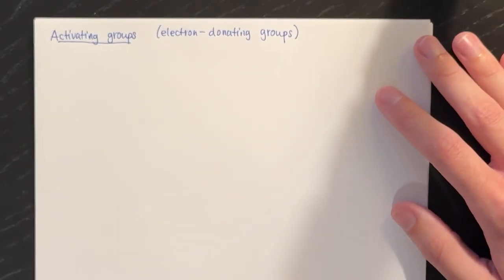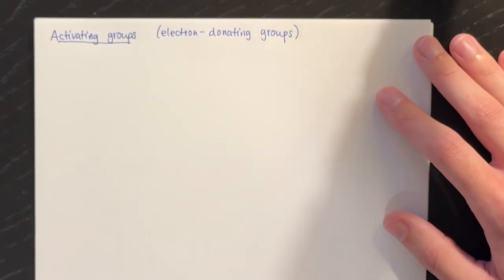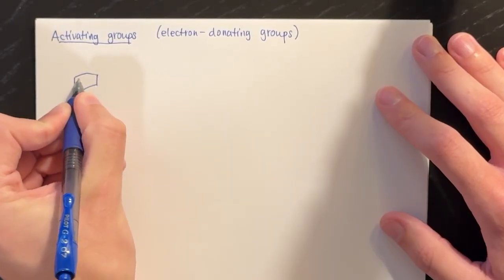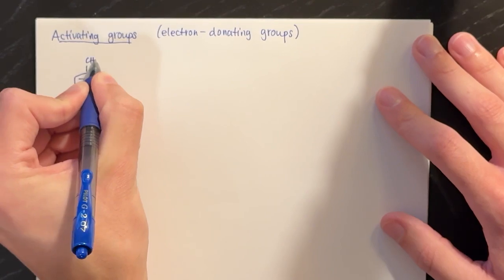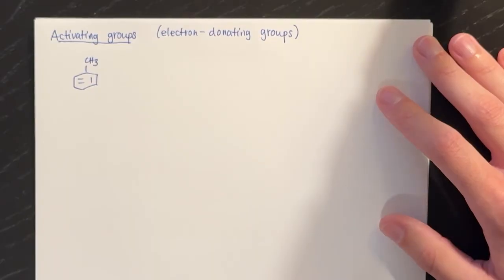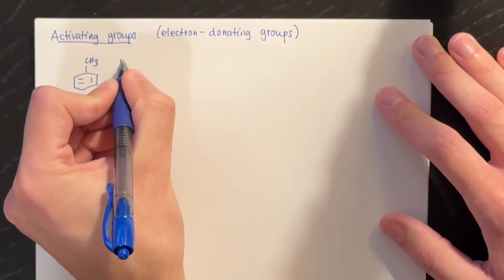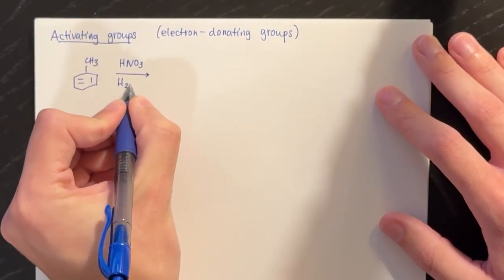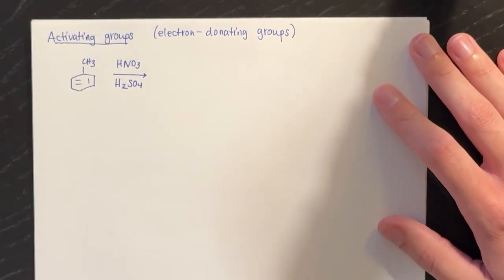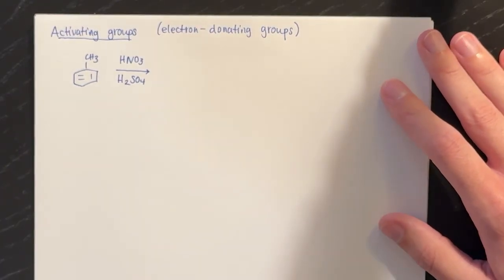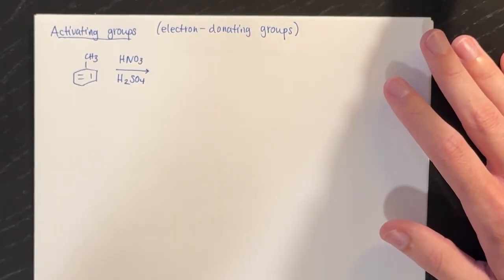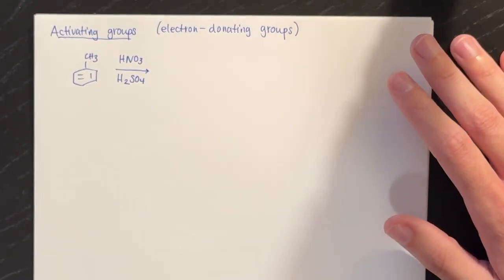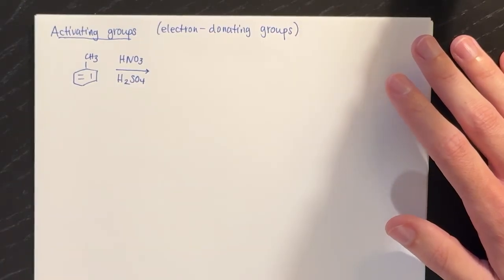Okay, so let's explain this. This is probably best explained with an example. So let's say that we take toluene, methylbenzene, and we do a nitration reaction. So we're going to use HNO3 and H2SO4. Okay, so we're going to nitrate toluene.